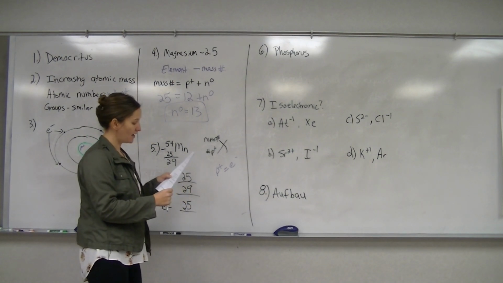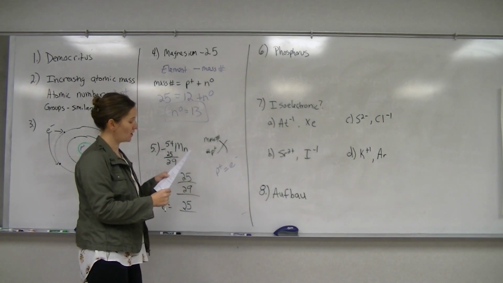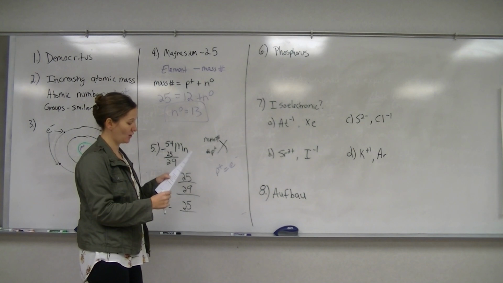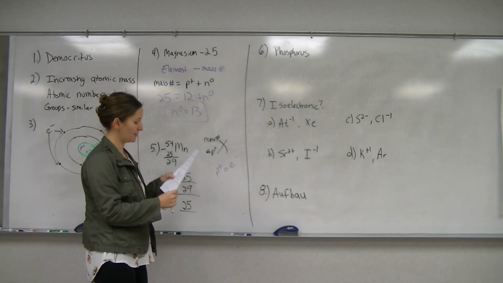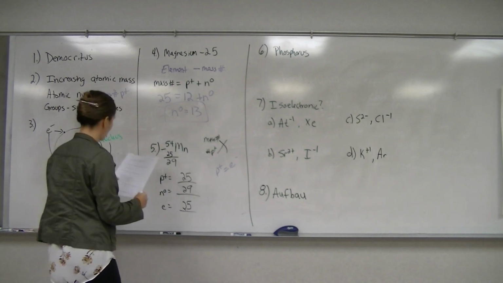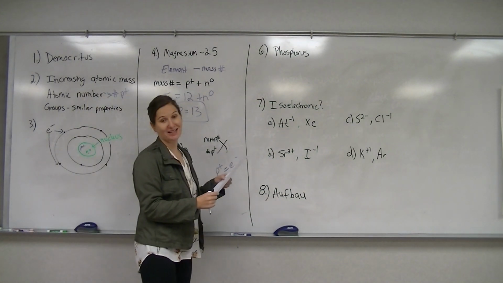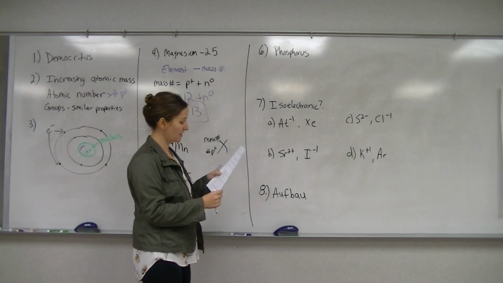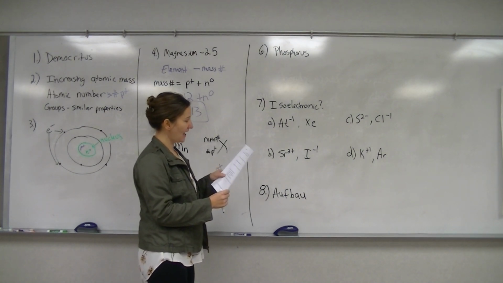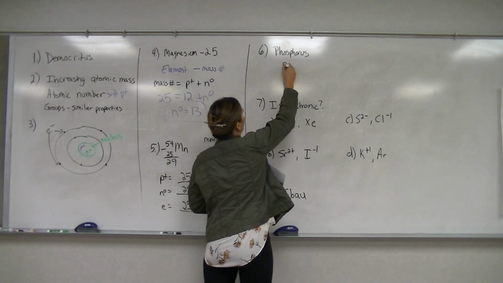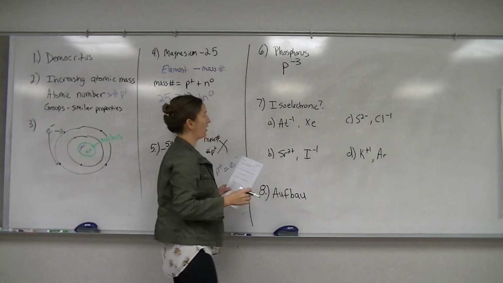B says phosphorus is a metalloid. No, we just said it was a non-metal, so B is incorrect. C, a metal that has 5 valence electrons. Well, phosphorus does have 5 valence electrons, but it's not a metal, it's a non-metal, so C is also incorrect. Now D says it tends to gain 3 electrons, so that would make it phosphorus with a -3 charge.